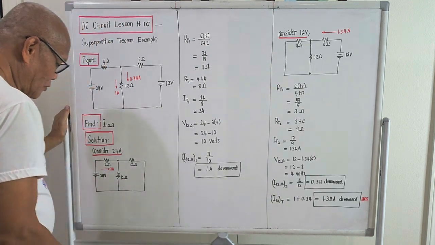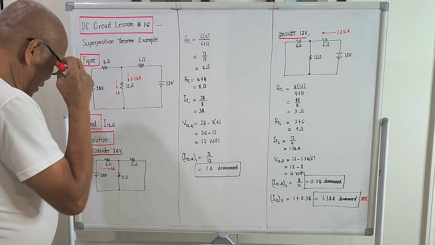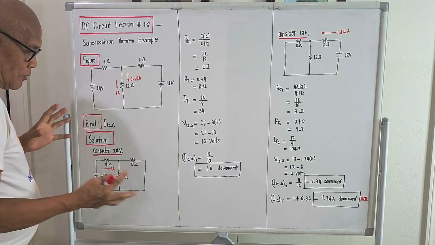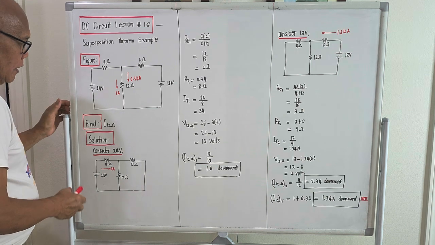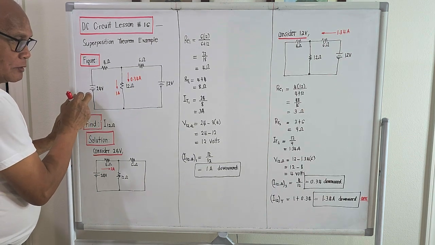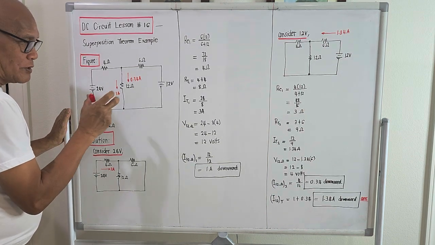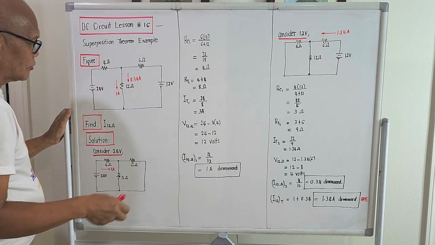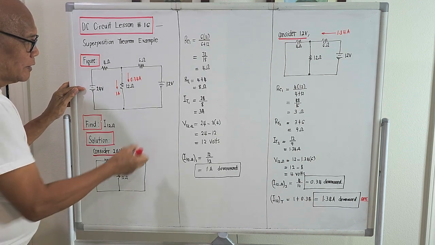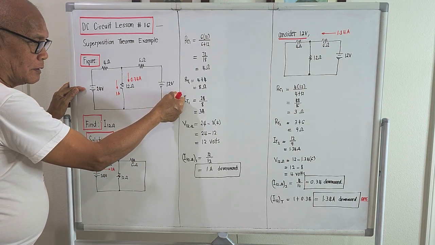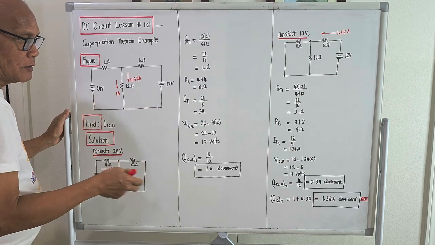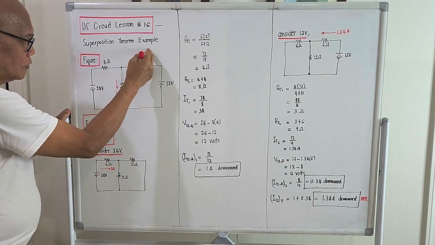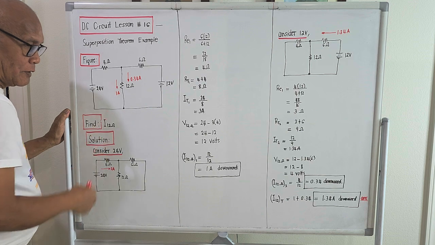Okay, the problem is this one. We've got a given figure. It's just a simple one. We've got a circuit which comprises two voltage sources, 24 volts and 12 volts. And the resistances included are 4 ohm, 6 ohm, and 12 ohm.